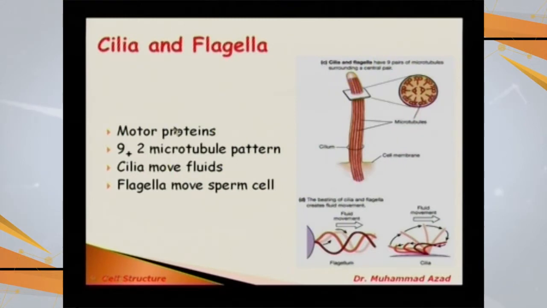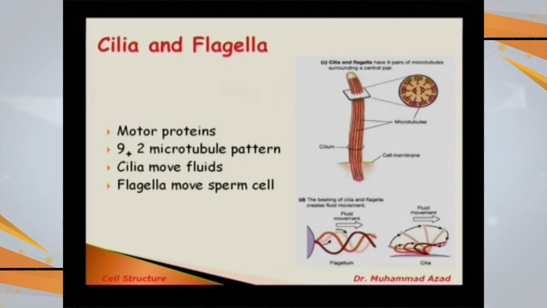So what is there inside? If we cut a cross section of the cilia and flagella, they have 9 duplets of microtubules in the periphery, and 2 microtubules in the center. This is called the 9 plus 2 arrangement of microtubules in the structure of cilia and flagella.